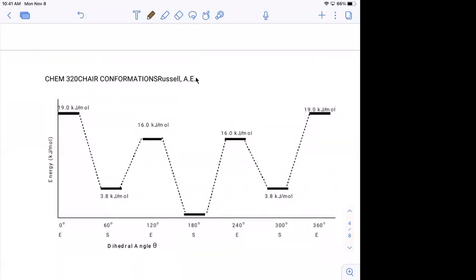You can see there are a lot of different energies, so there are a lot of different conformers that we have to think about, but really the only important ones are here, here, here, and here, because everything else is just a repeat. Once you go from 0 to 60 to 120 to 180, everything after that just repeats.